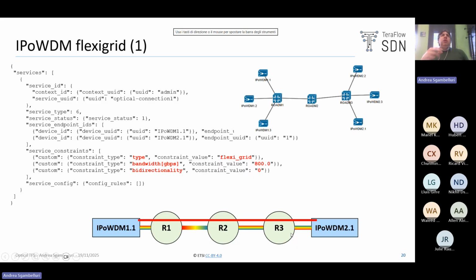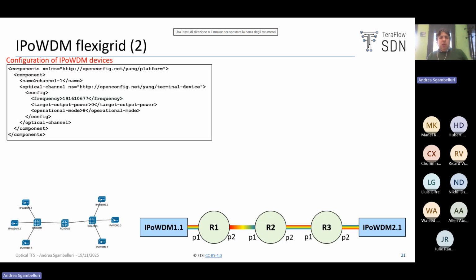So after doing the path computation, routing and spectrum assignment as described before, a set of XML messages are prepared by the southbound interfaces in order to configure all the devices. In particular, this is the example of a configuration that has been performed for the IP over WDM with 800 gigabit per second.